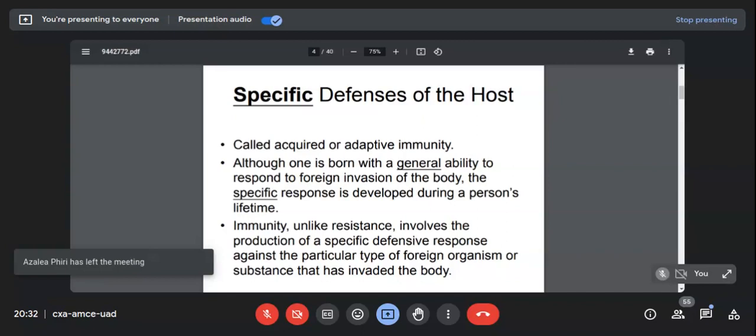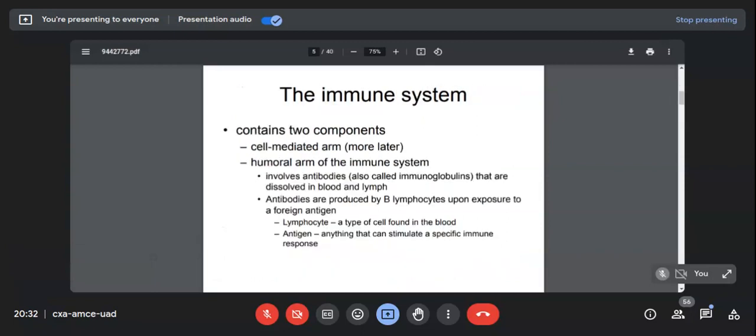They fight those particular diseases in a case where that same antigen or pathogen enters the body. Those specialized cells will come and fight off that pathogen. That's what we're talking about when we describe adaptive immunity.